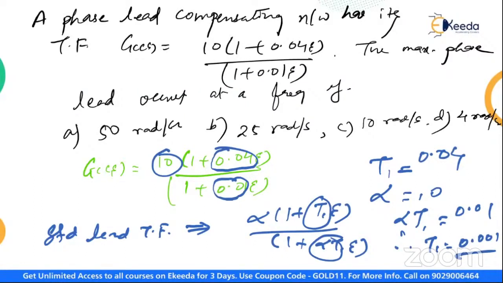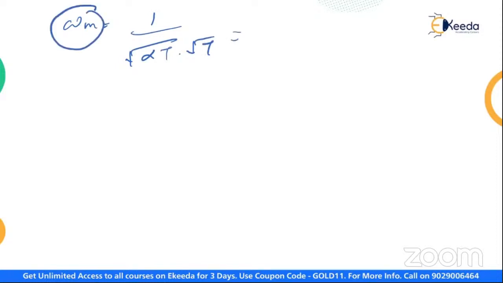Yes. Now, maximum phase lead occurs at omega m. So, what is that? Omega m is given by how much? The formula is 1 upon under root of alpha T into under root of T. It is the formula, correct, for the frequency at which maximum phase occurs.